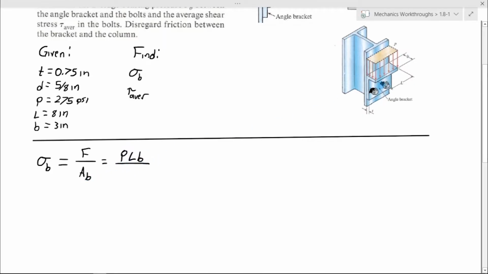And so this expression here is the force, because it's the pressure times the area over which it acts. And then we divide this by the bearing area, which is a different area, and that is between the bolt and the bracket. And if we just draw this out, we have our little half cylinder where the bracket is pressing down on the bolt. But when we find our bearing stress, we actually use a projected area.